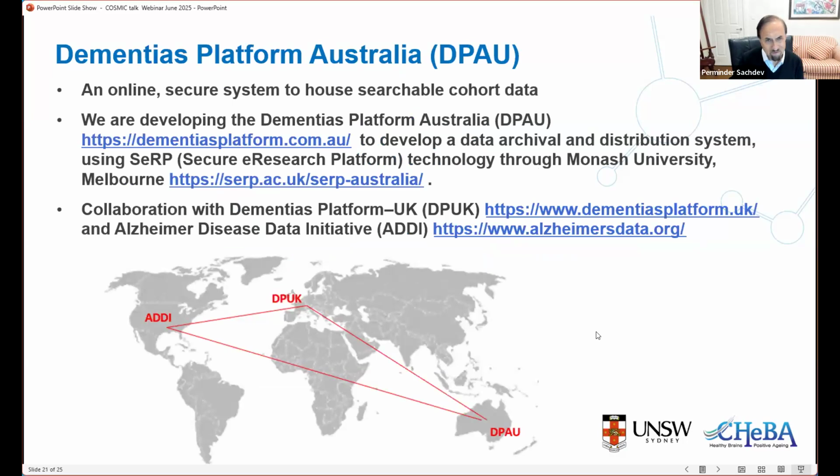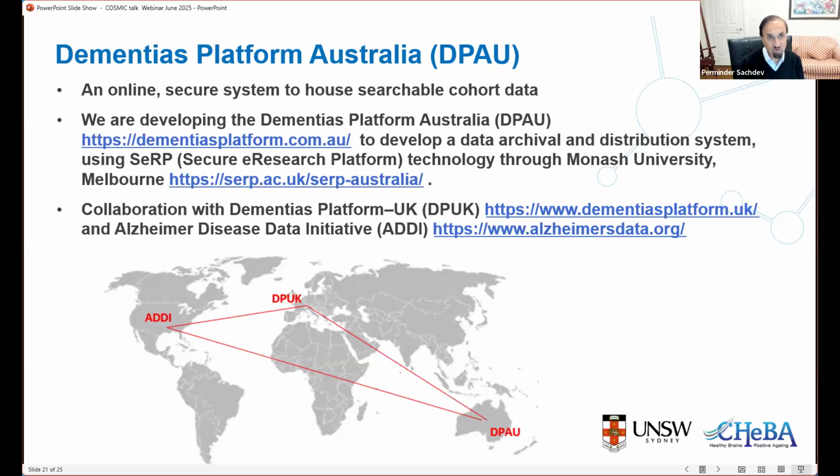Now, the other development worth noting is that we are developing a platform to actually house all the data from COSMIC. We are able to actually have a platform for participant level data wherever it is possible for us to get that data from the study after signing various data sharing contracts.